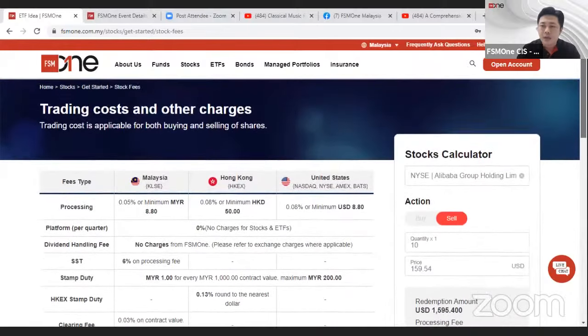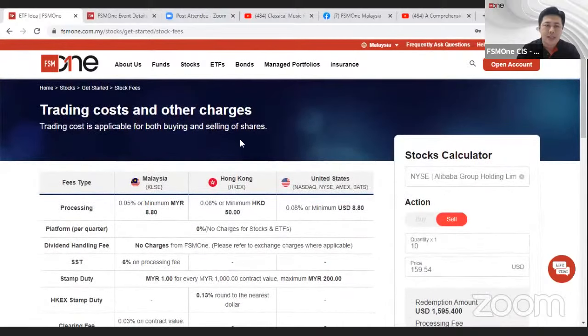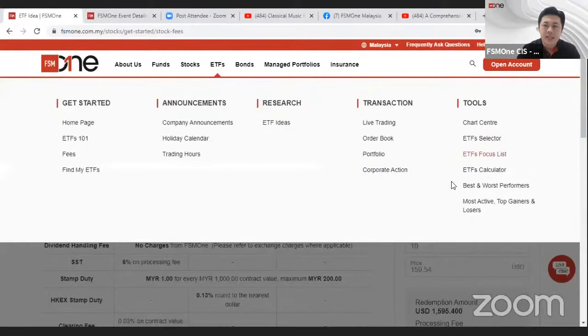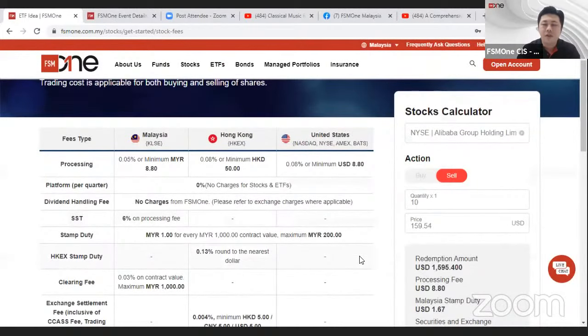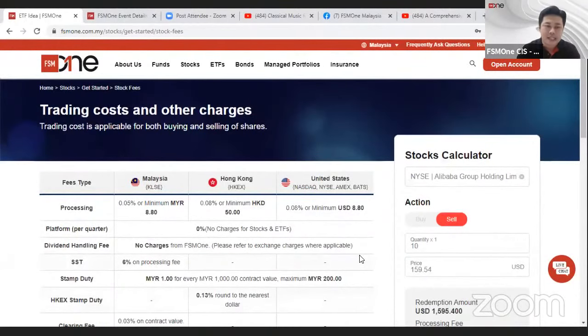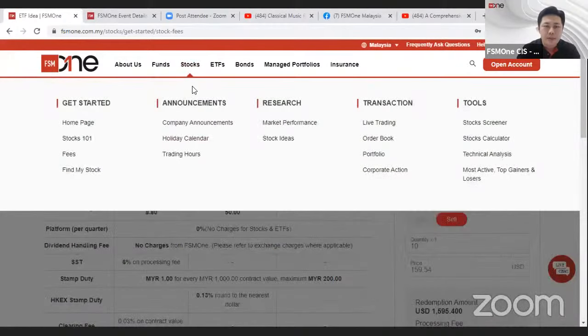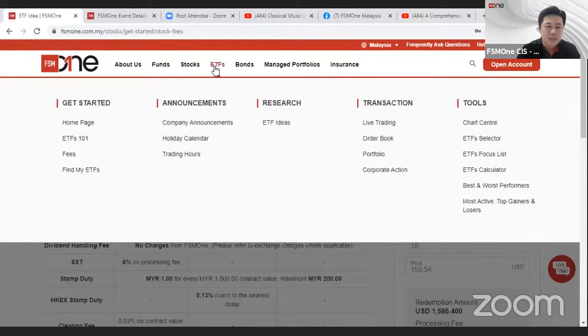So this will be the stock calculator and ETF calculator, enabling you to understand what the fee is before you buy a particular stock, before you invest in a particular ETF. Other than that, I won't go through everything one by one, but I would like to share the most important tools that I think.